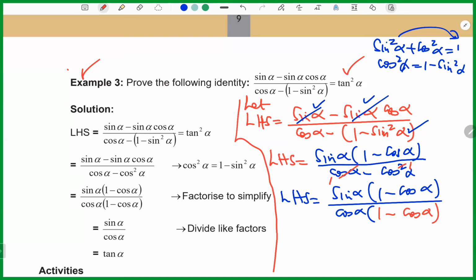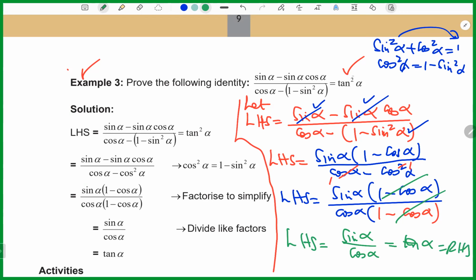At this point, you have this as a common factor. You therefore have the left-hand side, which becomes the sine of alpha divided by the cosine alpha.